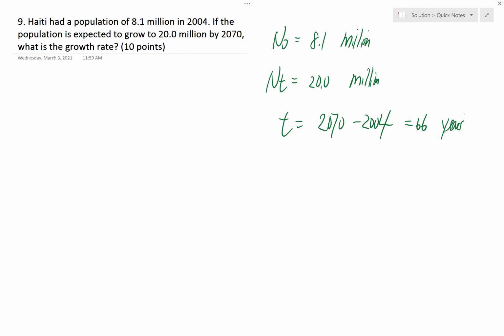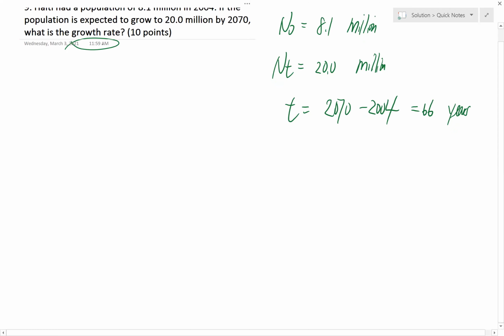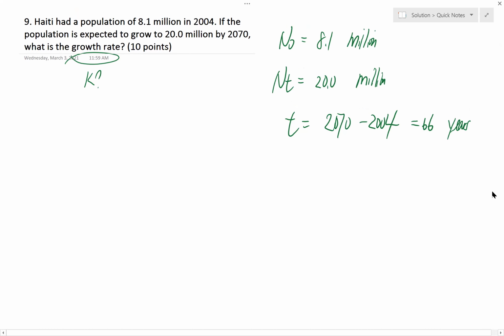Now they want to find out the growth rate, K. So let's solve for it. Let's plug into the formula NT equals N0 times e to the KT. NT is 20.0 million, and you can omit the units because the units will cancel later.